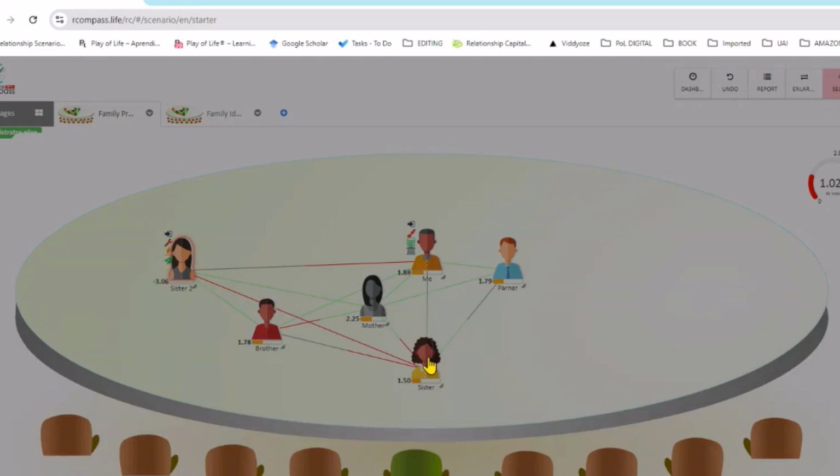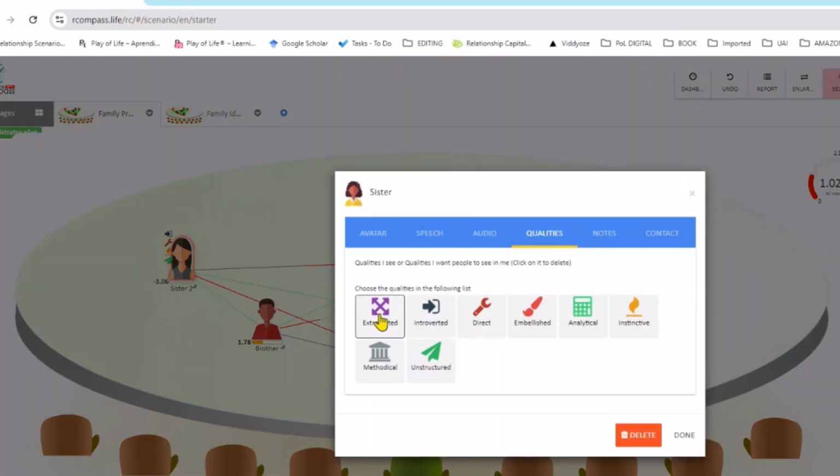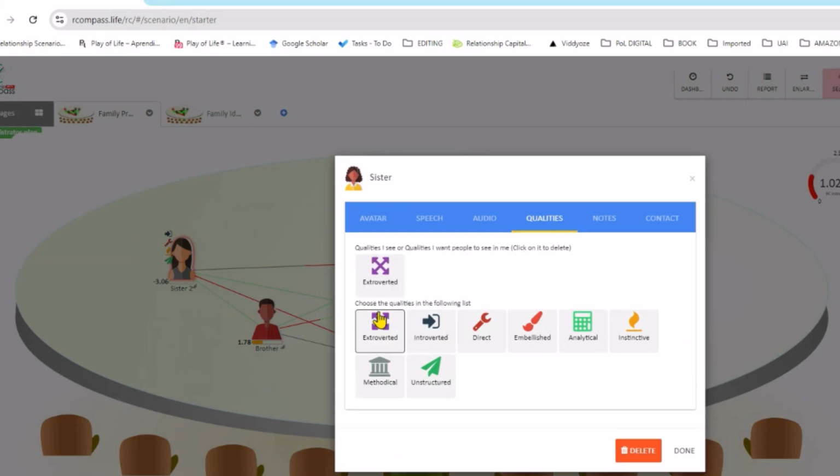About her qualities here: is she extroverted or introverted? Extroverted. Is she direct or embellished? Embellished. Is she analytical or intuitive? Intuitive. Is she methodical or unstructured? Methodical. Look at that.